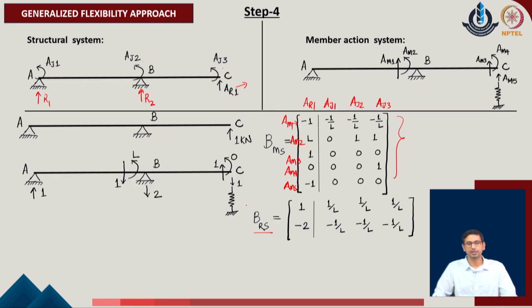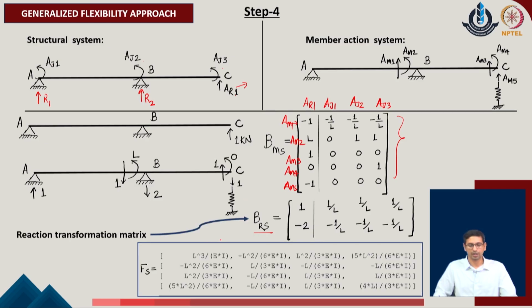Once we have evaluated these action transformation and reaction transformation matrices, we can evaluate the overall structural stiffness or the structural flexibility of the given system by doing the matrix triple product. So, B M S transpose F of m, which is the unassembled flexibility matrix, into B of M S. This gives us the overall structural flexibility matrix of the given system.